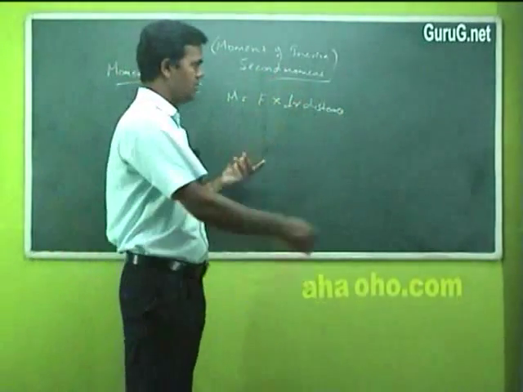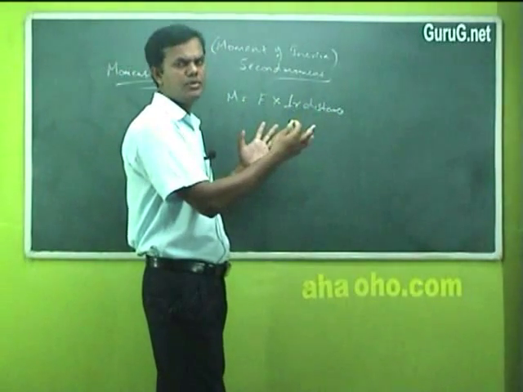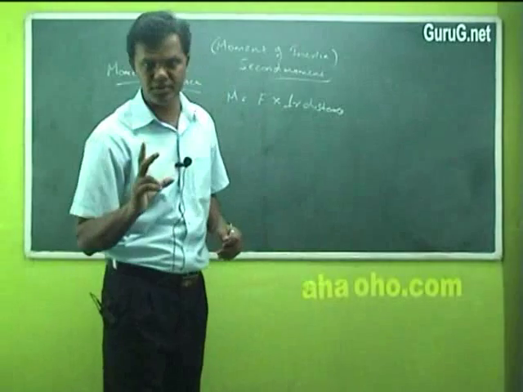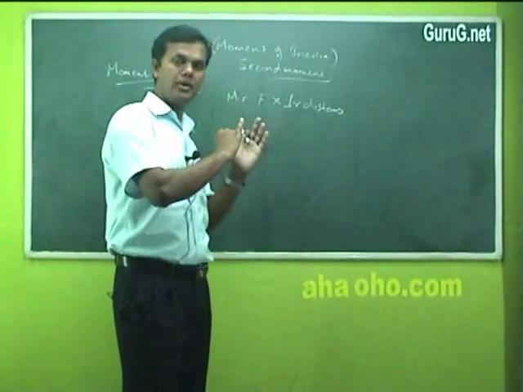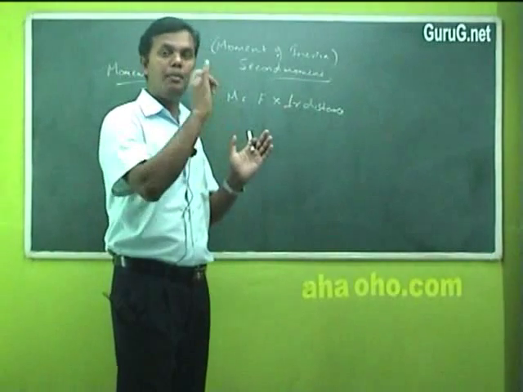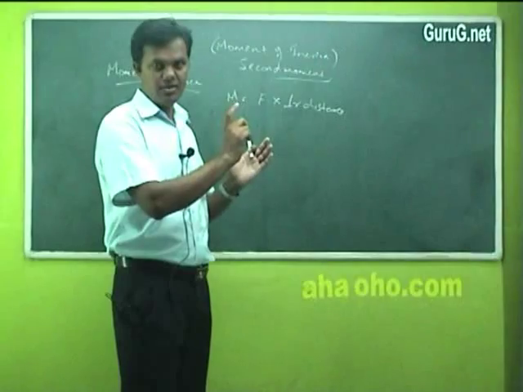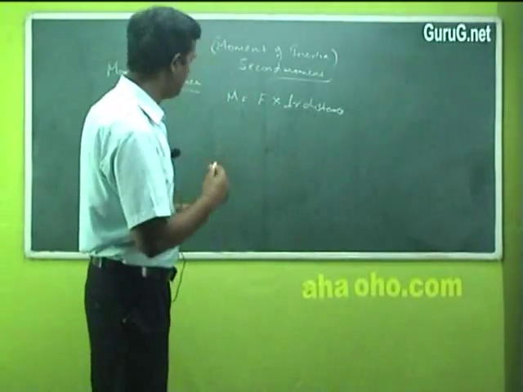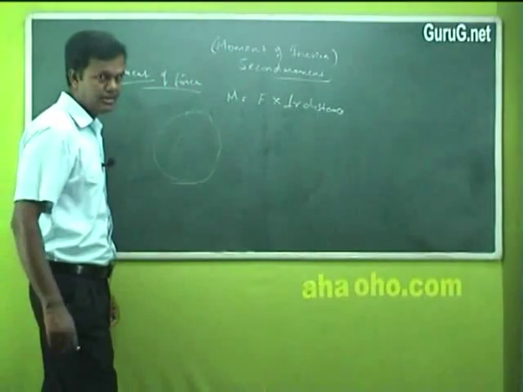What I mean to say is, you can consider any diagram, any sketch, any number of forces. If you want to find out moment, you should know the magnitude of the force. First, you need to have an origin point or reference point, and multiply by the perpendicular distance from the origin point to the force where it is acting. For example, I'll consider a zigzag sketch.